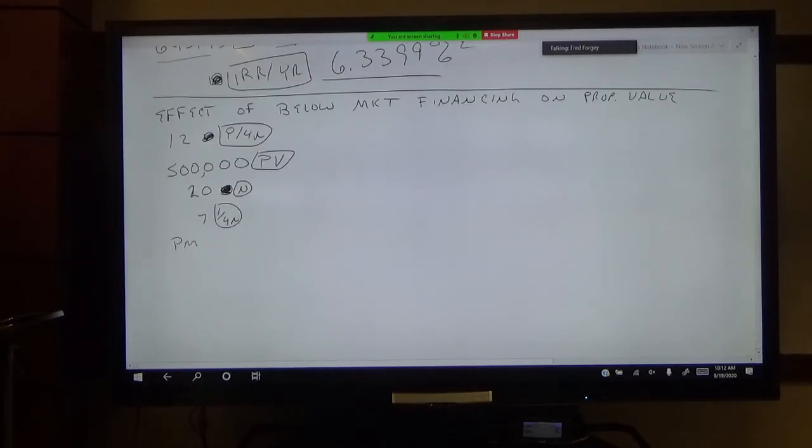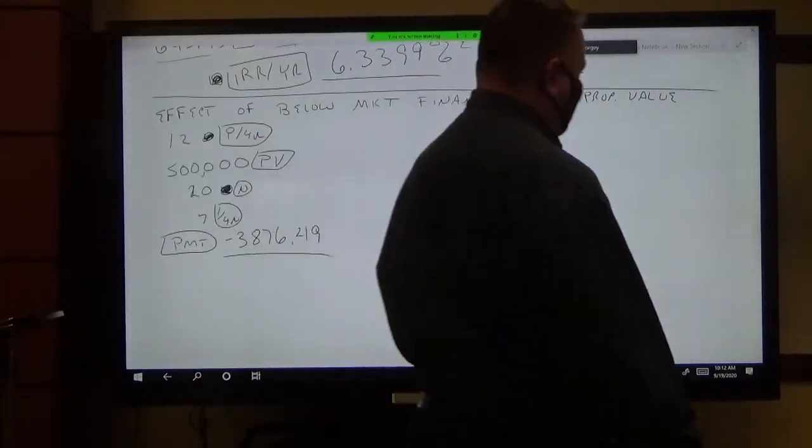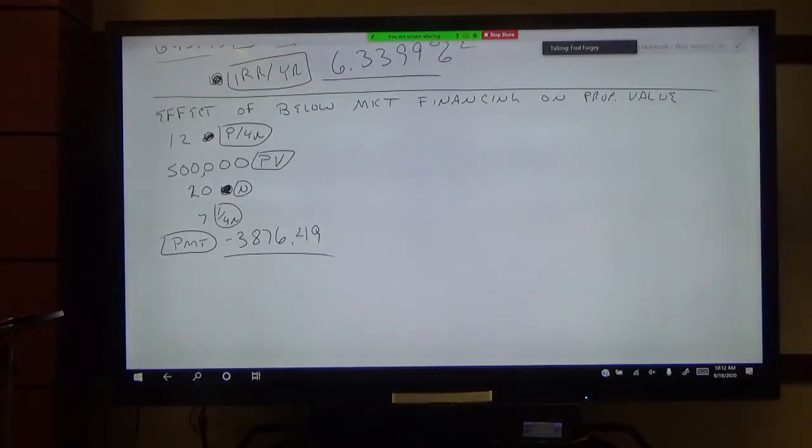Okay, so let's go ahead and calculate our monthly payment. Okay, so if we want to buy this property, this is the loan that we would get, and the term we would get, and the payment we would have, under ordinary circumstances.